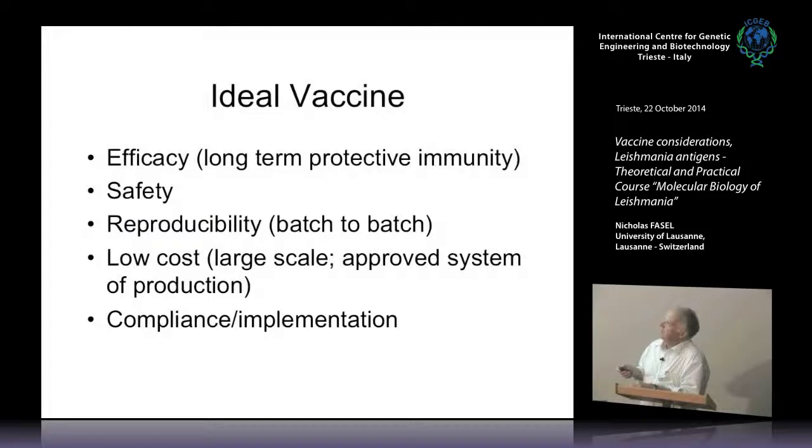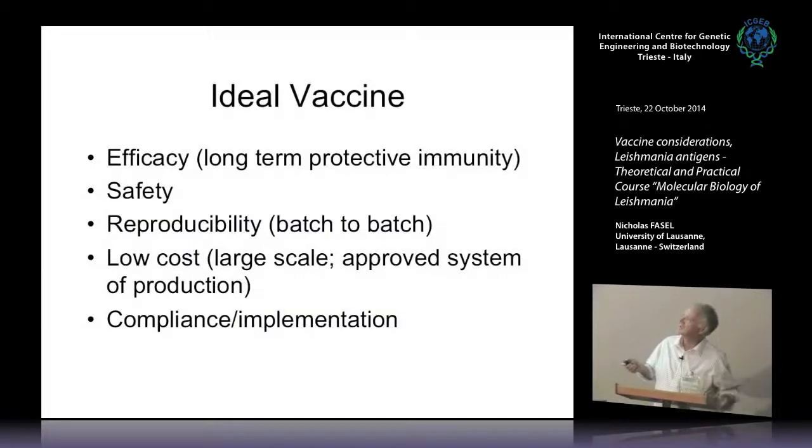So ideally, I think, the first thing is efficacy with a long-term protective immunity. That would be your ideal vaccine. Then it must be safe. It must be reproducible from batch to batch. Low cost because it's a neglected disease. So if you come with an anti-L10, great, but I think it will be quite difficult to sell or to deliver in the countries.